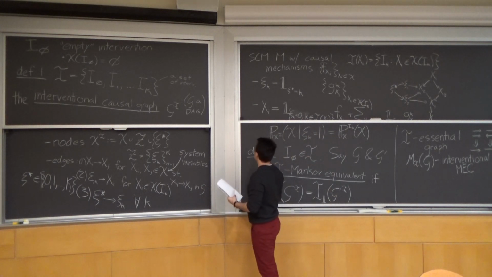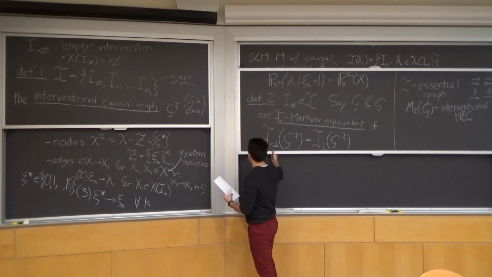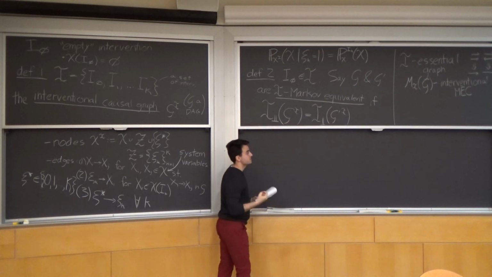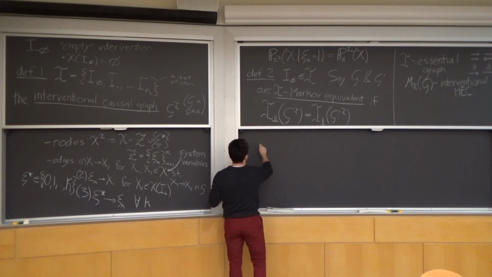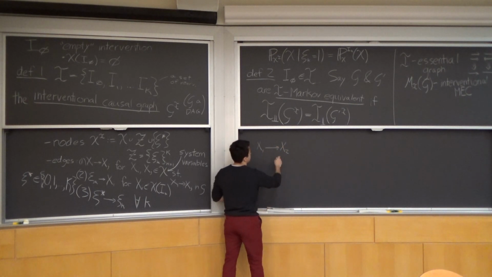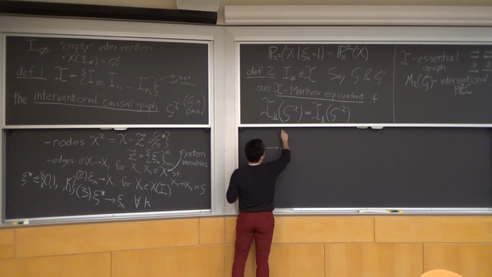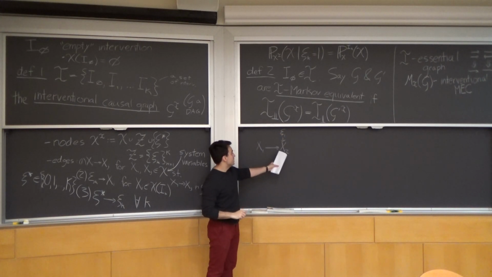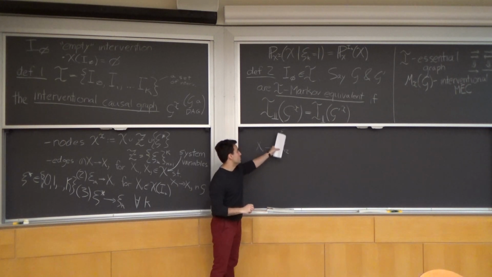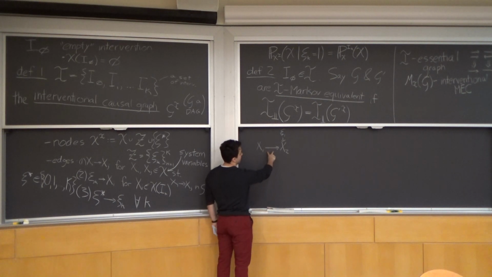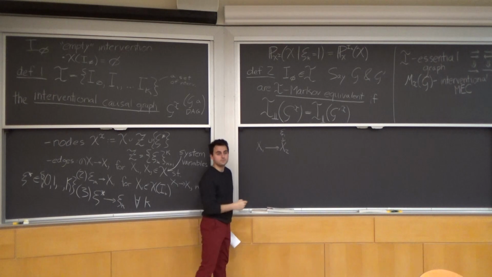And this is important in terms of not overstating what we get from interventions. So if we take, for example, X1 to X2, and we have an intervention just on X2, then we form this new unshielded collider. The other way to see it is that we have one of the nodes in the intervention and one of the nodes not in it.